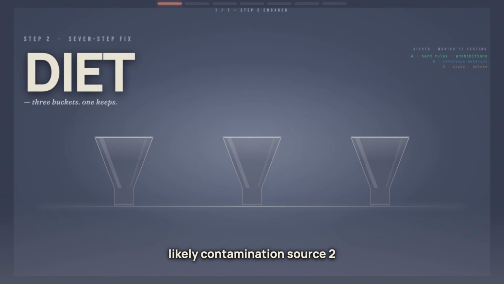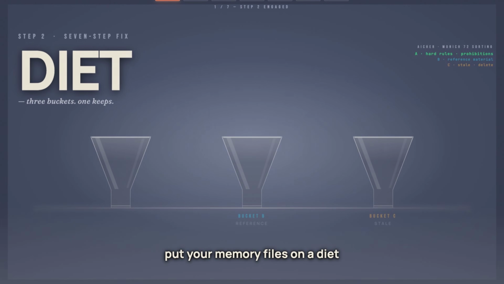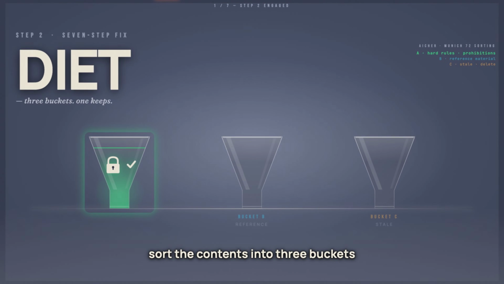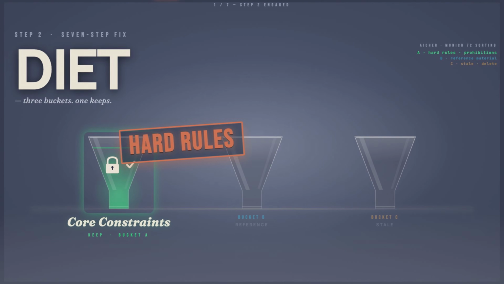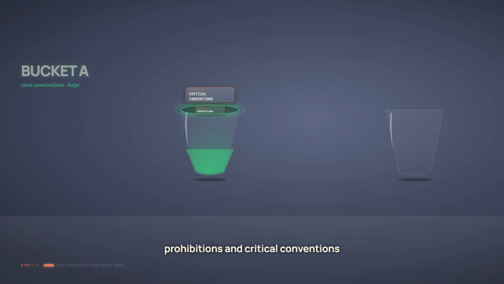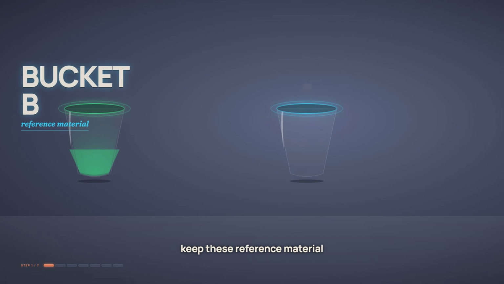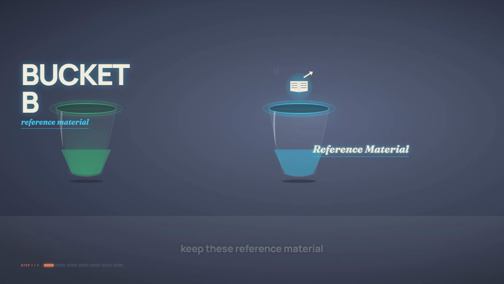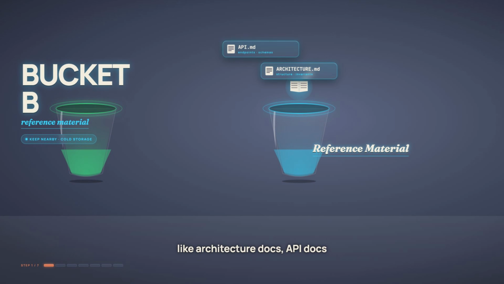2. Put your memory files on a diet. Sort the contents into 3 buckets. Core constraints, which are hard rules, prohibitions, and critical conventions. Keep these. Reference material, like architecture docs, API docs, long background.